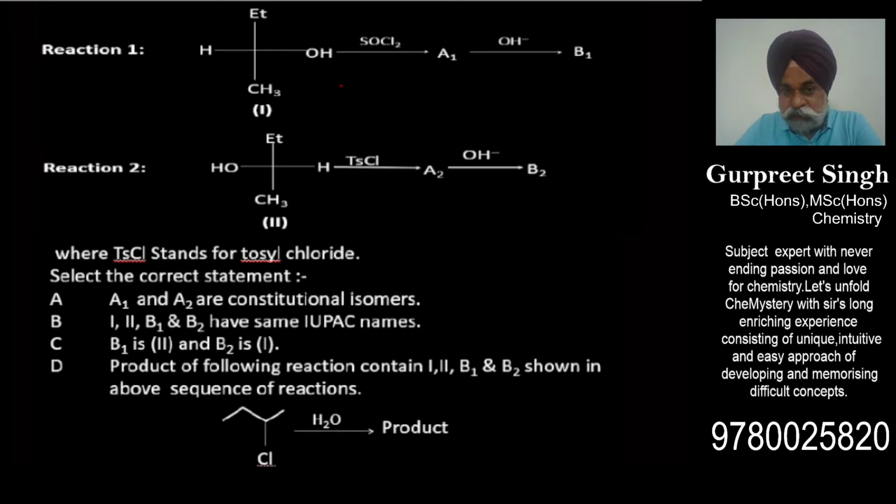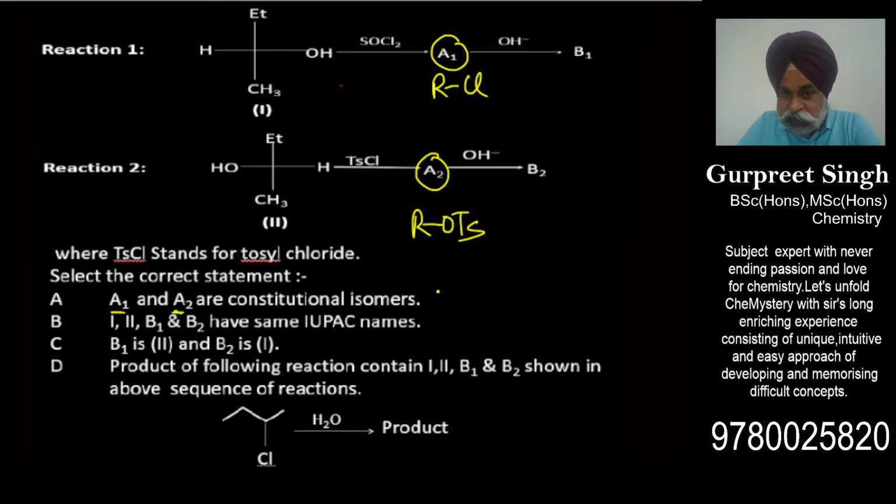If I take the first option, they said that A1 and A2 are constitutional isomers. So these two are not isomers. As a matter of fact, constitutional isomers are structural isomers. Here, what we got is an alkyl halide. Here you get a tosylate. So basically, these two are not the same kind of isomer.